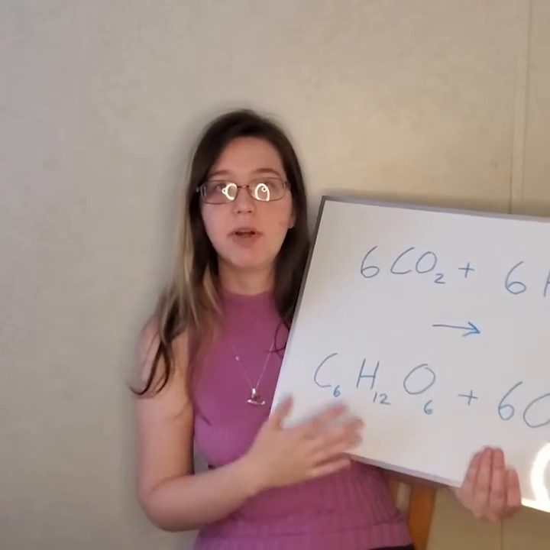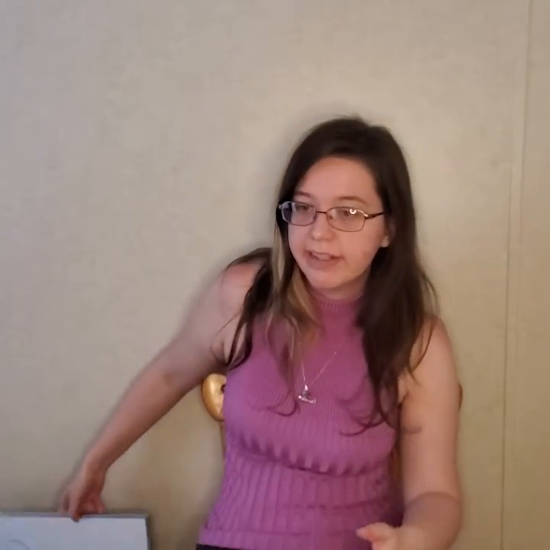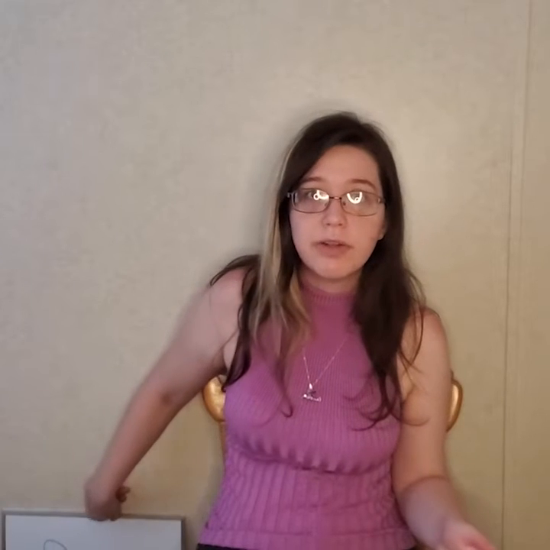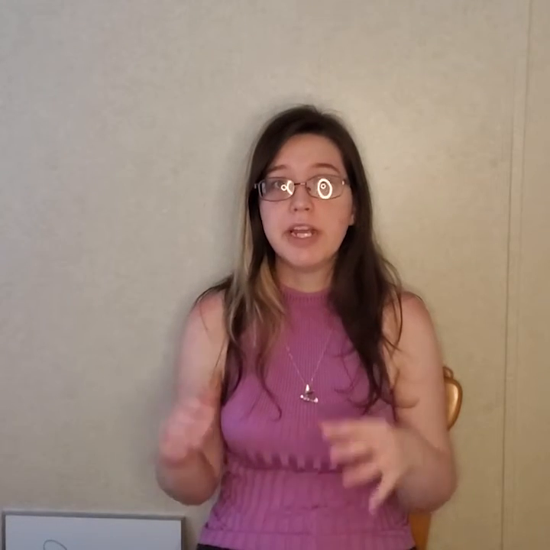This is the basic formula for photosynthesis. It gets much more complex than this, but this is it in basics. And this is also the reverse of the equation for cellular respiration. So instead of using sugar and breaking it down to make carbon dioxide, we're taking carbon dioxide and building it up to make sugar.